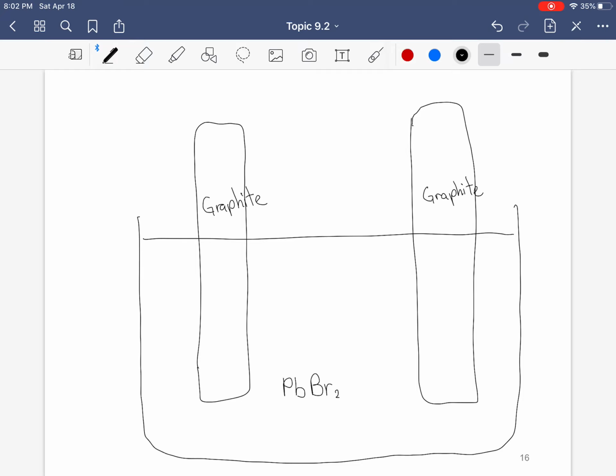Now, graphite is covalently bonded by a whole bunch of carbon in a very, very tight carbon network. All right? Now, these graphite electrodes are connected by wires through a battery.